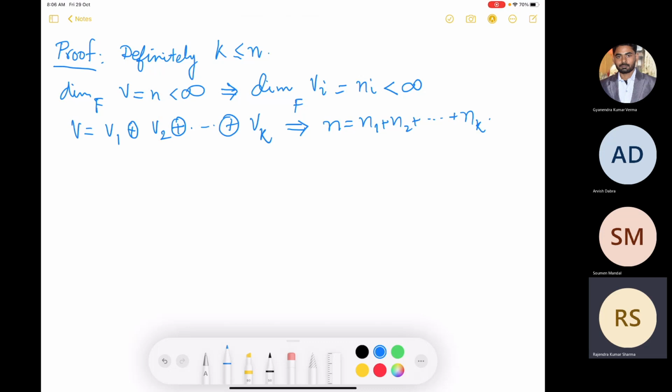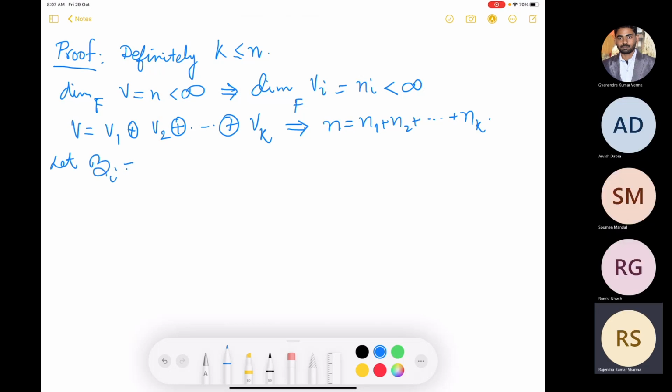All right, next let us take Bi to be the basis for Vi corresponding to i. So this is a basis for Vi, so it will have Ni number of elements: 1, 2, and so on, up to Ni.